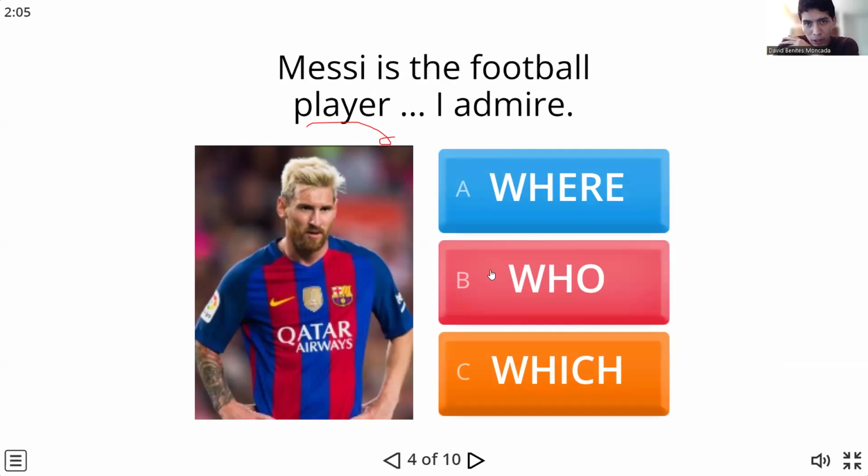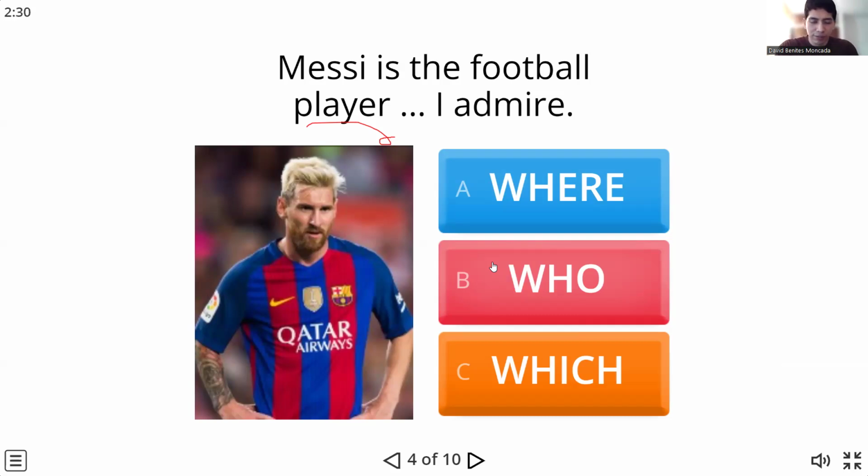O sea, indiferentemente si recae la acción, por ejemplo, si yo miro a una persona, yo entiendo en el español que es un objeto, porque recae la acción. Pero acá en el inglés siempre se usa who cuando es persona. Cuando es un objeto o un animal, siempre va a ser which.